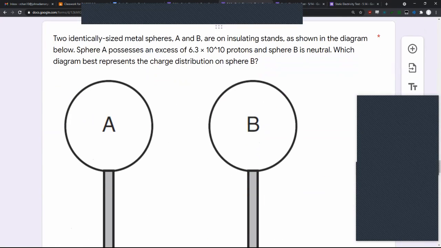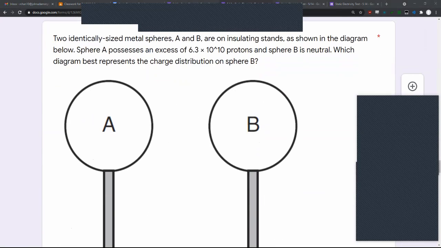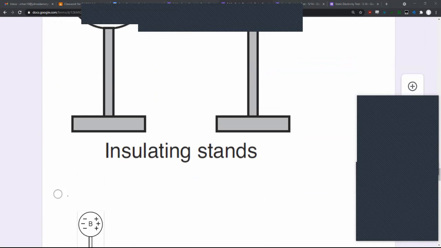Let's move on. So you have two identically sized metal spheres, A and B, and they possess an excess of that many protons. Now, this is not a math question.